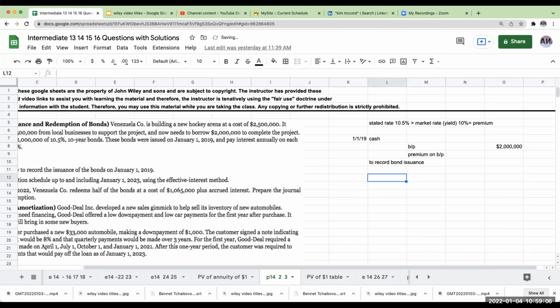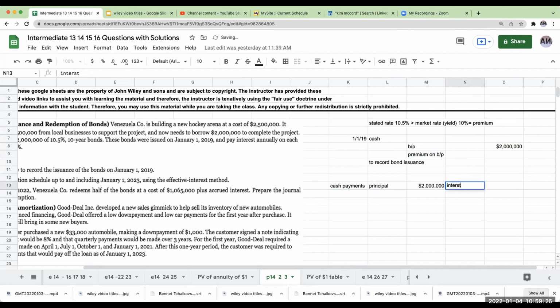So to record the bond issuance, I'm going to go through the cash payments. Remember, the bond is like an interest-only loan. So I'm going to have the principal amount of $2 million.